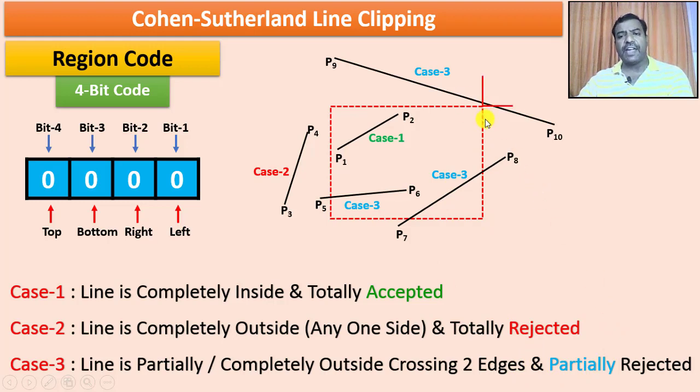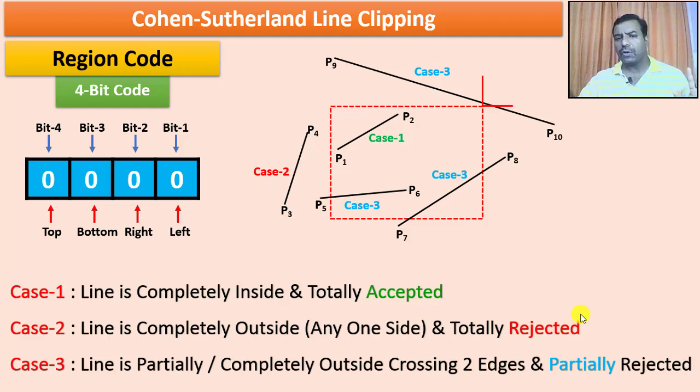If I extend the right edge and the top edge, virtually, not physically, you can see the line crosses 2 edges. That is a line partially or completely outside, crossing 2 edges, and partially rejected. So later on it can be completely rejected or partially accepted. We'll see it later.